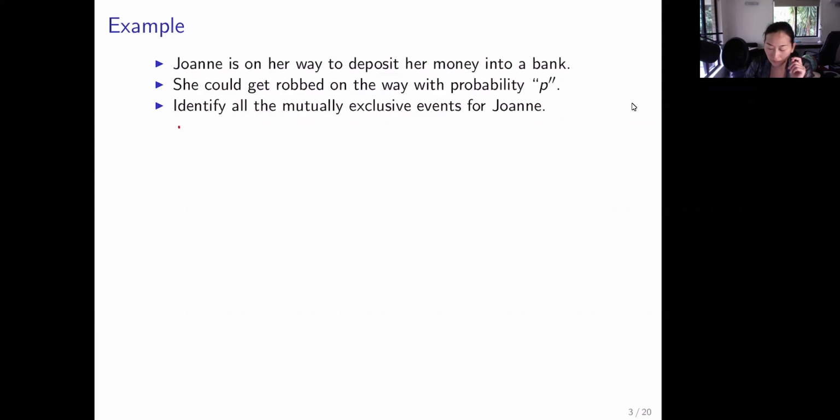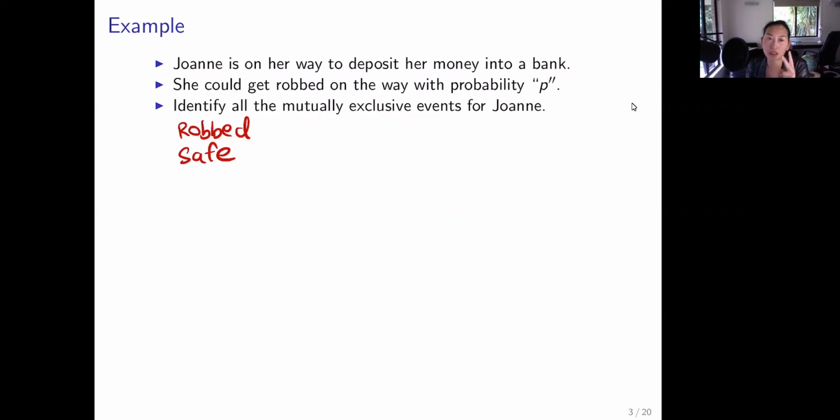So she either being robbed, so that is one possible event, and another mutually exclusive event is she is actually safe. And what is the probability for this event? And what is the probability for this event?